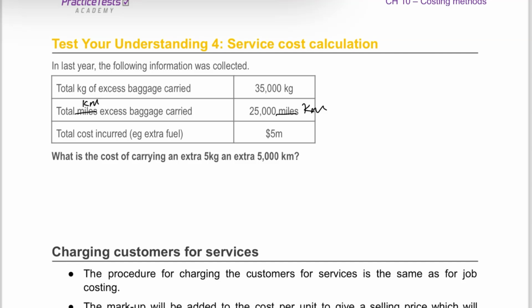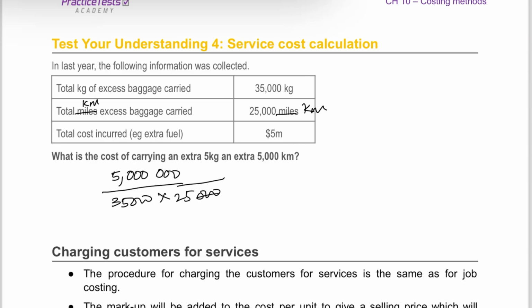To do this, we need to find the cost per kilogram of extra baggage per extra kilometer carried. So we have this $5 million, which is the cost for the excess baggage carried, divided by 35,000 multiplied by 25,000 kilometers traveled.